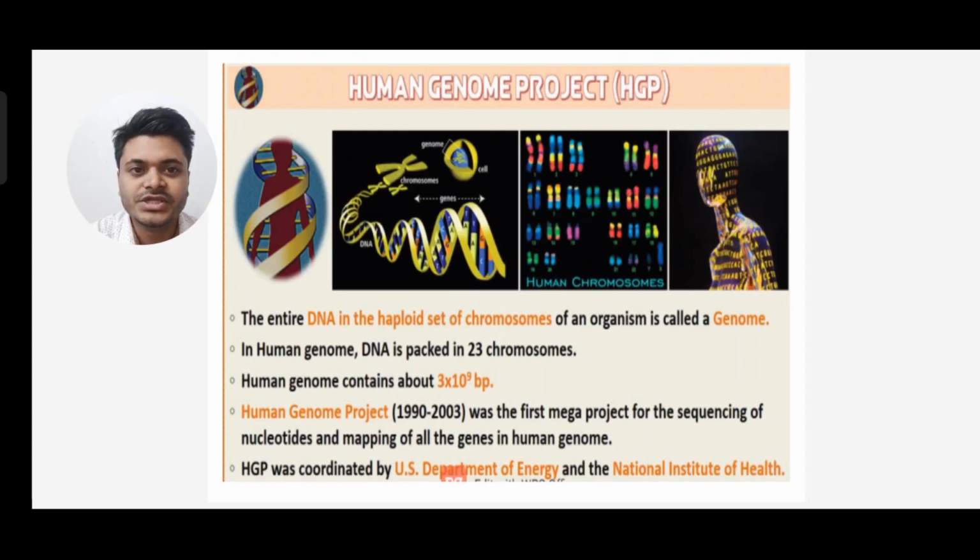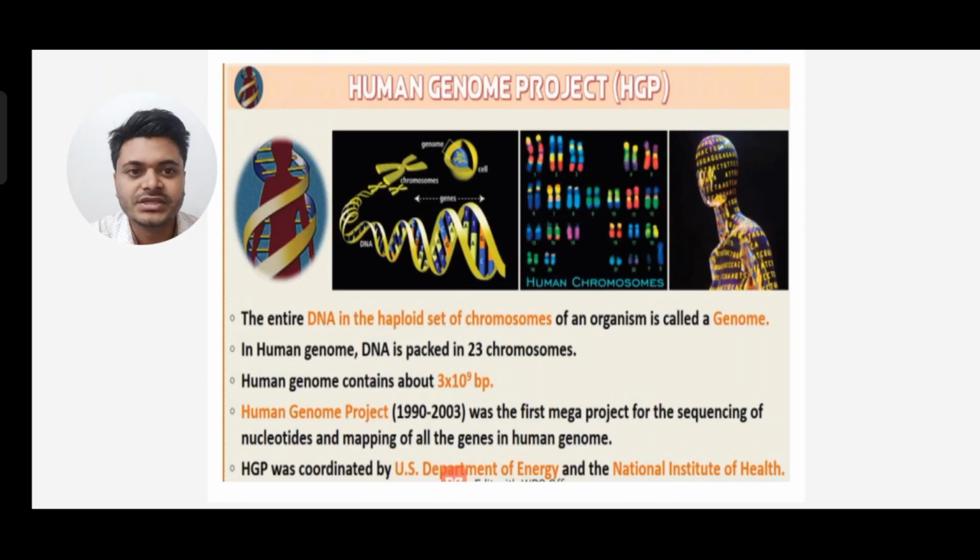So in the human genome, DNA is packed in 23 chromosomes, and the human genome contains about 3 × 10^9 base pairs.